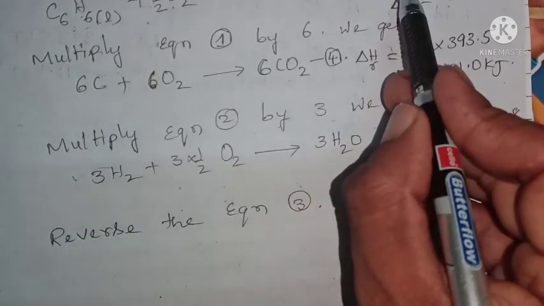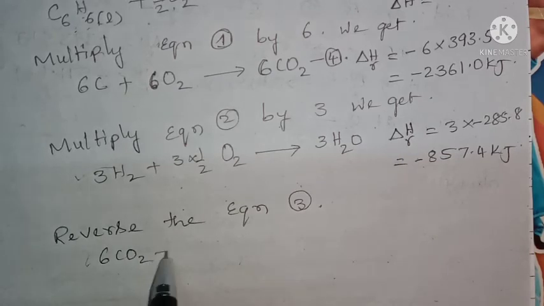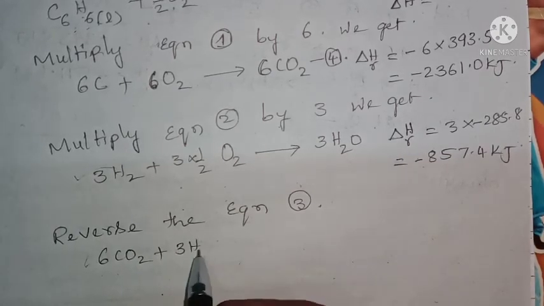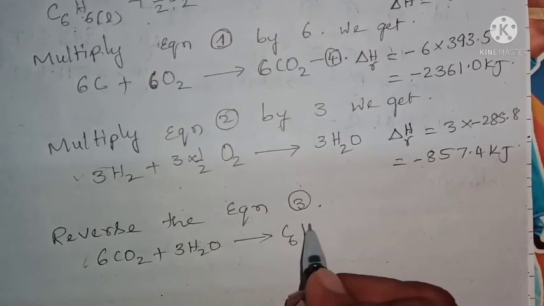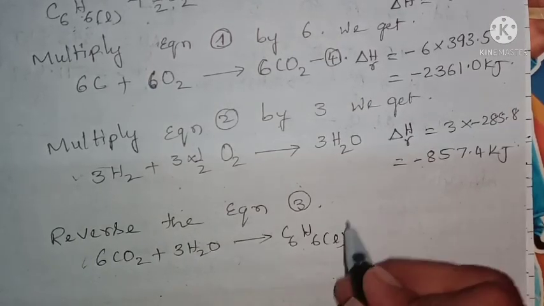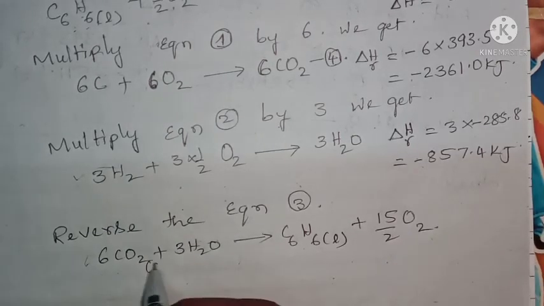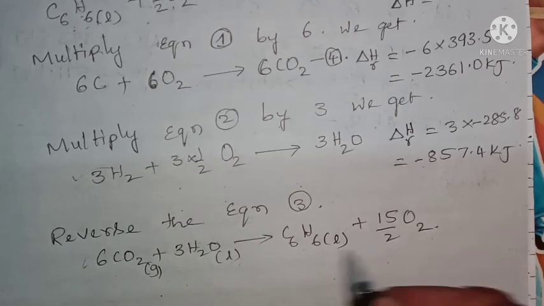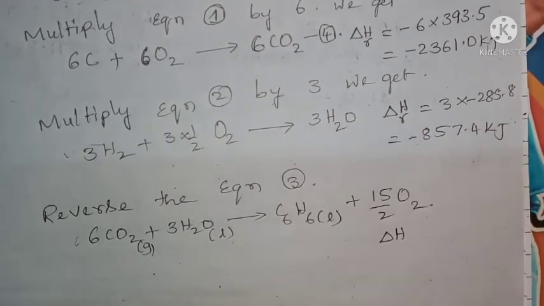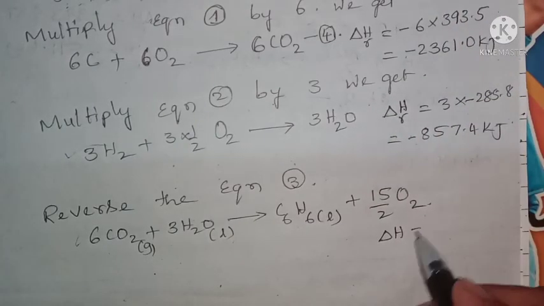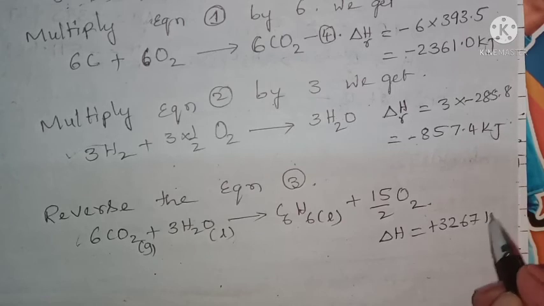This equation on reversing, we are getting 6 CO2 plus 3 H2O gives C6H6 liquid plus 15 by 2 O2 gas, and here delta H becomes positive, plus 3267 kilojoules.